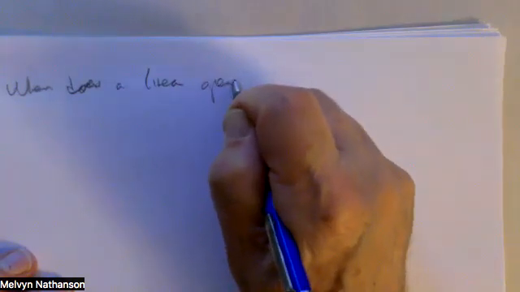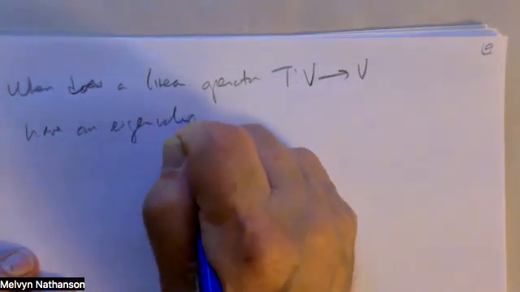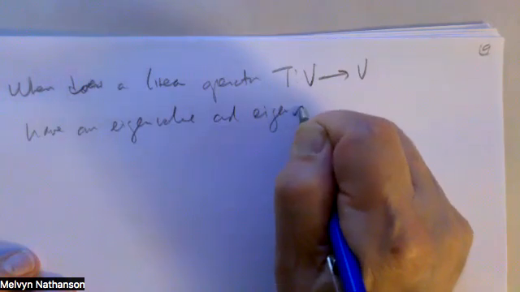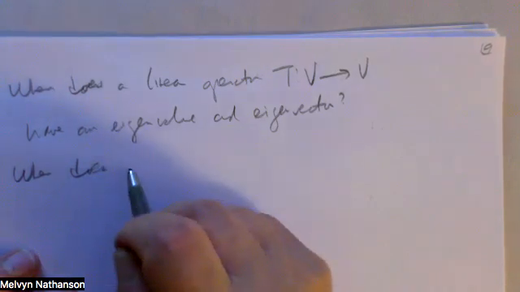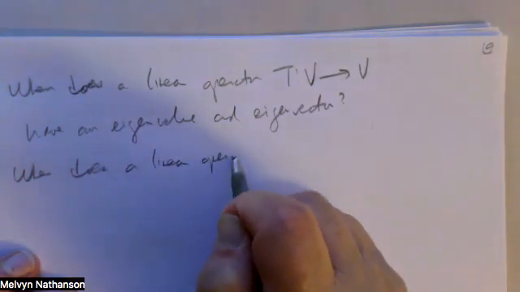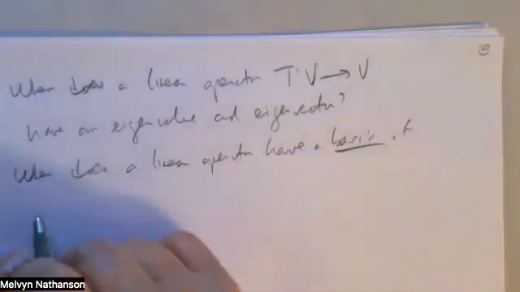Now, that raises the question, when does a linear operator T from a finite dimensional vector space to itself, over the reals, have an eigenvalue, even 1, and more importantly, when does a linear operator have a basis of eigenvectors?